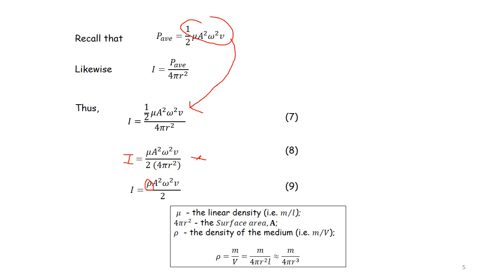Remember that mu is kilogram per meter. That means it is mass over distance.